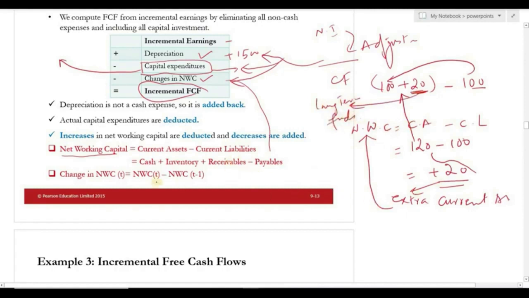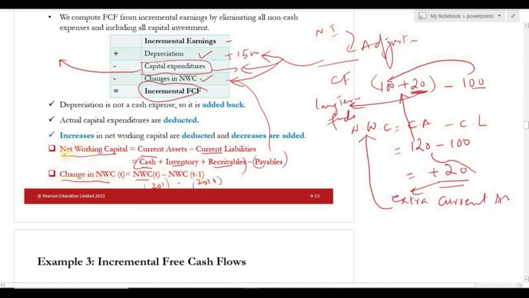Net working capital means current assets minus current liabilities. In the current assets we have cash, inventory, plus receivables, minus payables. So our answer will be net working capital in 2011 minus net working capital in 2010, and that would be the change in net working capital.